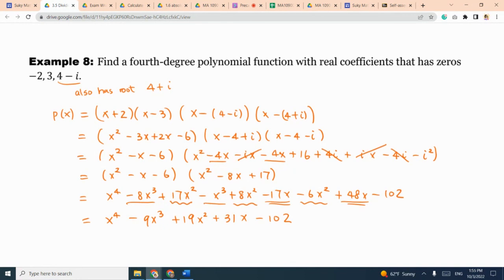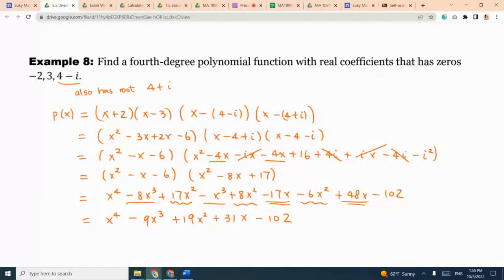And then i times x is ix, i times -4 is -4i, i times -i is -i squared. You will see all the terms with i get canceled. You end up getting a factor with real coefficients. And then you multiply them out and combine terms to get the degree 4 polynomial.